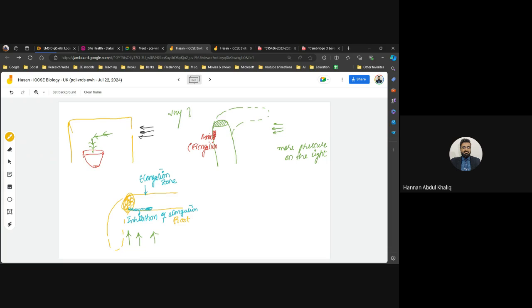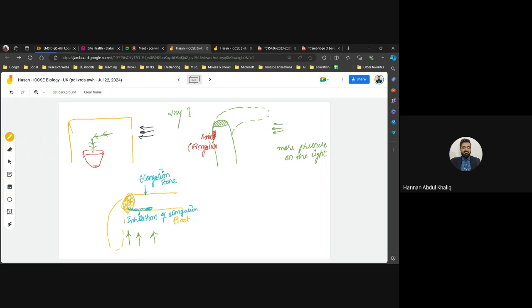This is why it was really important to understand that auxin would act differently in different parts because of the receptors. It would always concentrate at the shady side, opposite to the light side, and in gravity, it would concentrate at the highest point of gravity, leading to inhibition of the elongation.